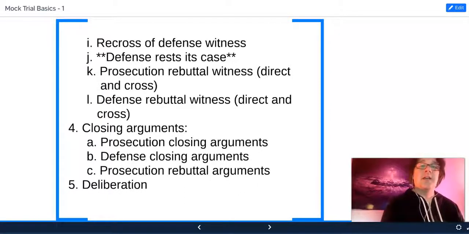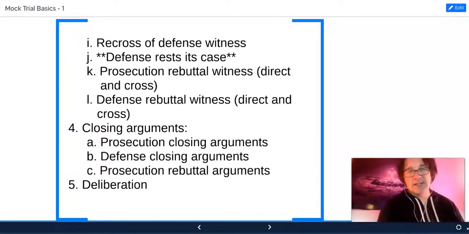The prosecution will start with closing arguments, and we'll have a video describing what should go into a closing argument and what makes a good closing argument. Then the defense will have its closing argument, and if the defense brings up certain information that wasn't previously mentioned, then the prosecution might have a rebuttal closing argument.